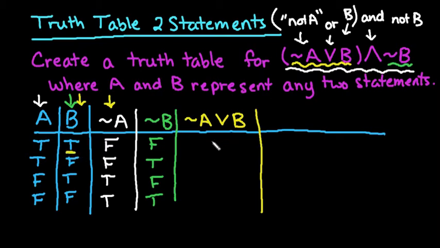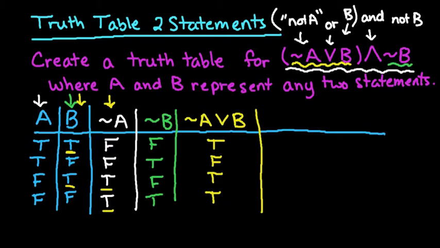So we can see on this first one that B is true, so we can assign a truth value of true. For the next one, they're both false, so I would assign a truth value of false. On the next one, they are both true, so this is true. And then on the last one, we also have a true in the not A part, so we would assign a truth value of true.